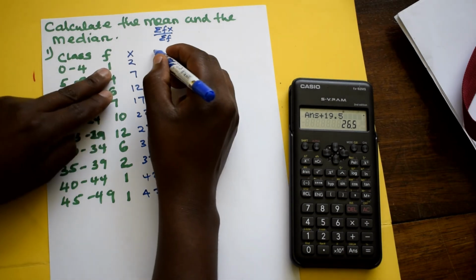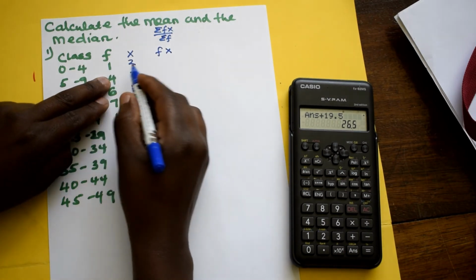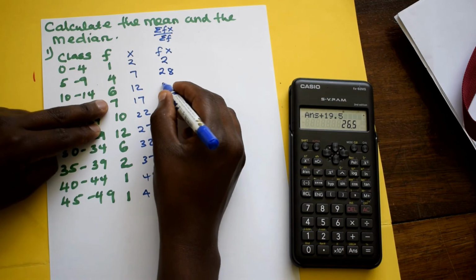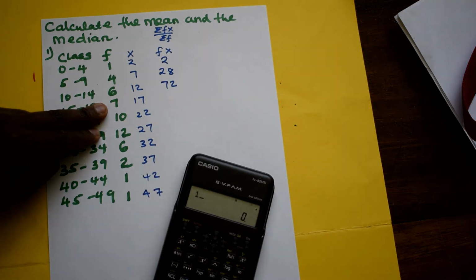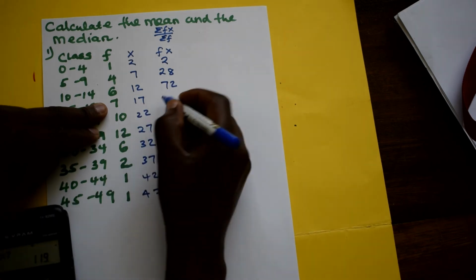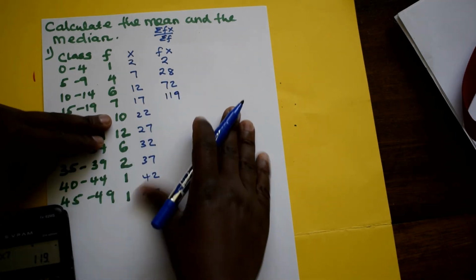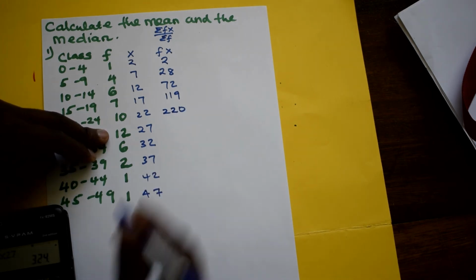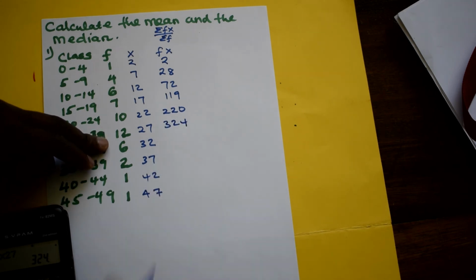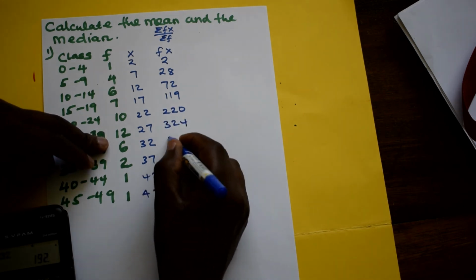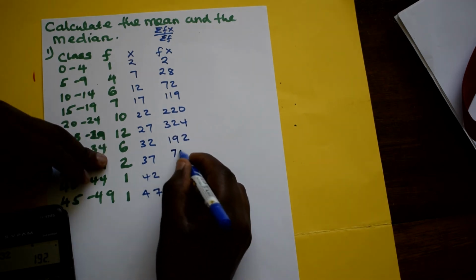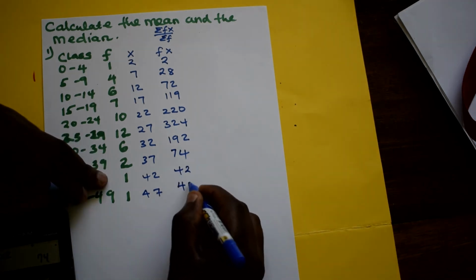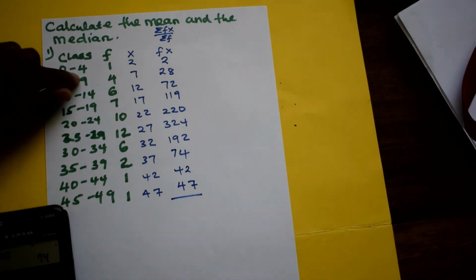So we'll need a column for fx, the product of f and x, which will give us 2 in the first one, 28, 72, and then we get the total.